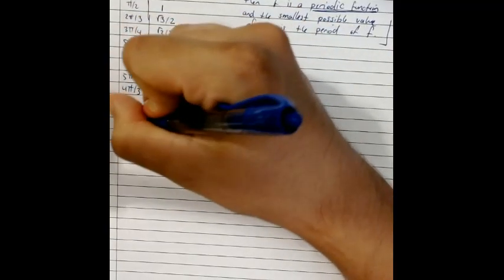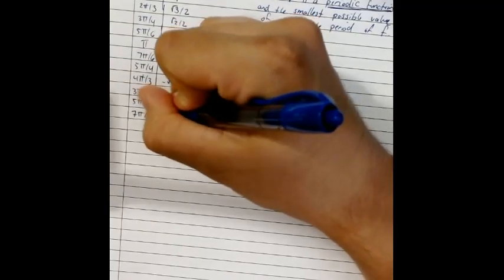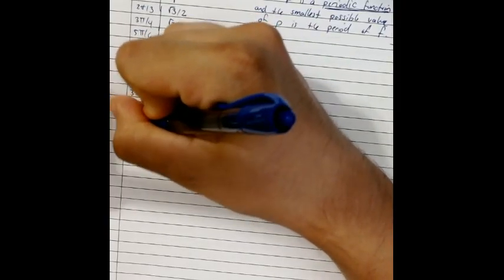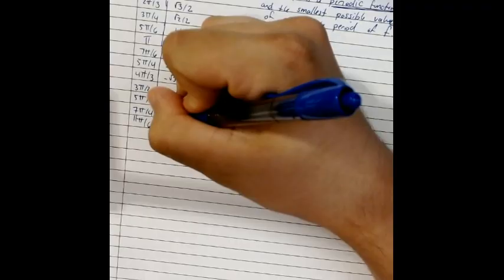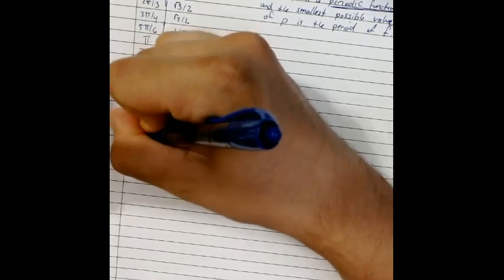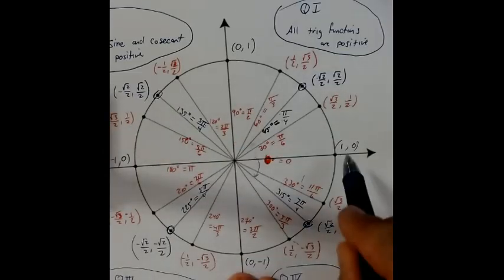The sine of 7 pi over 4 is equal to negative root 2 over 2. The sine of 11 pi over 6 is equal to negative a half. And all the way around the unit circle, once I get back to 2 pi, remember 2 pi means you went all the way around and you're back to where you started.